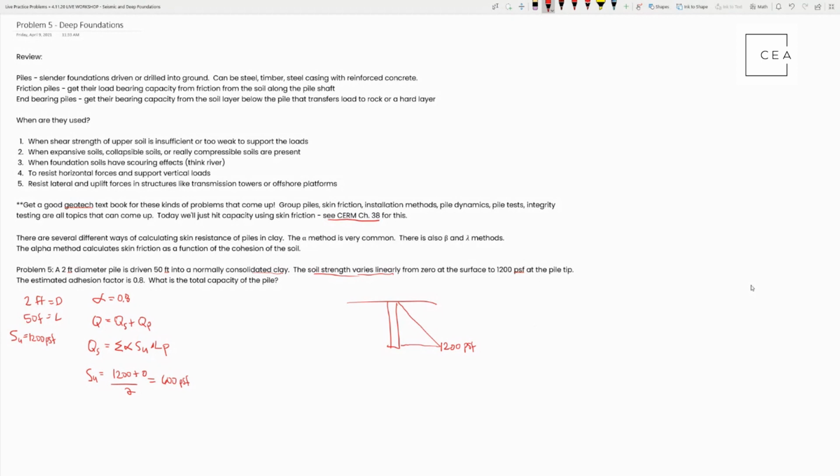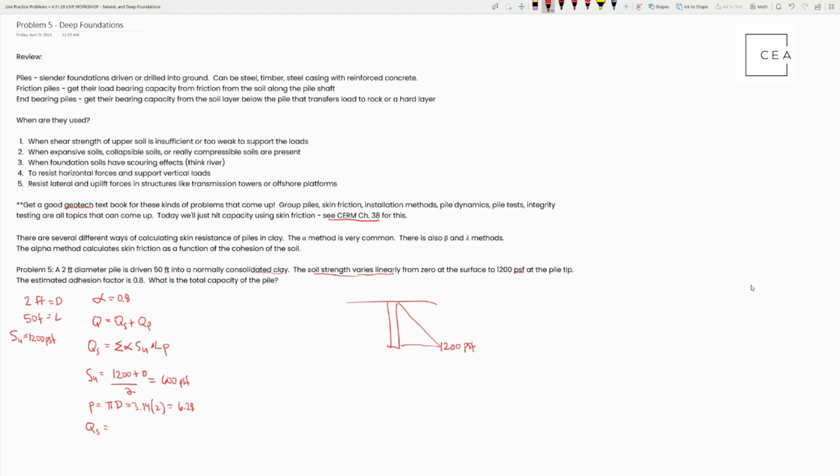We know the length is given to us. We need to solve for perimeter. P is equal to pi times d. So that's equal to 3.14 basically times 2. So something like 6.28. And now you can solve for what QS is.